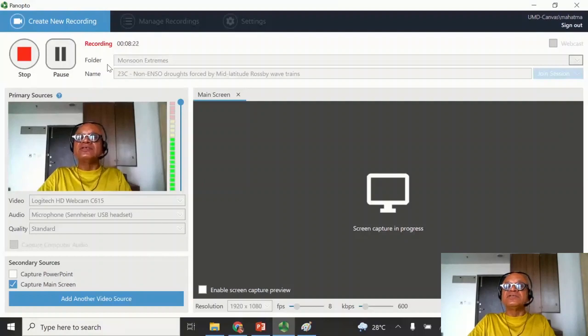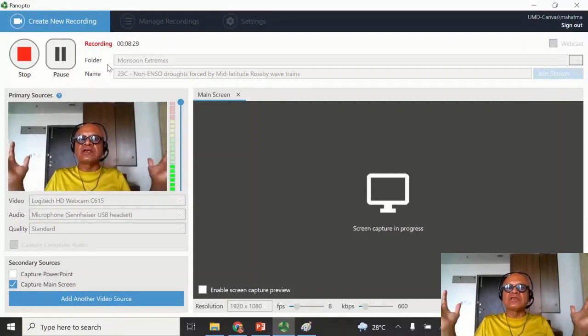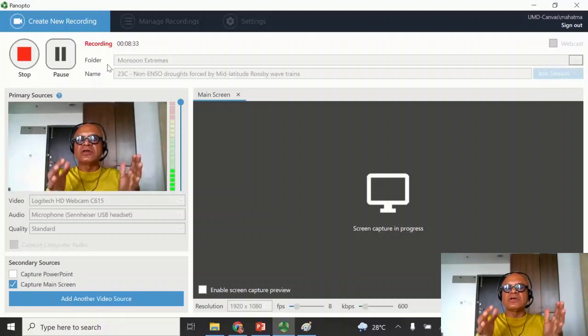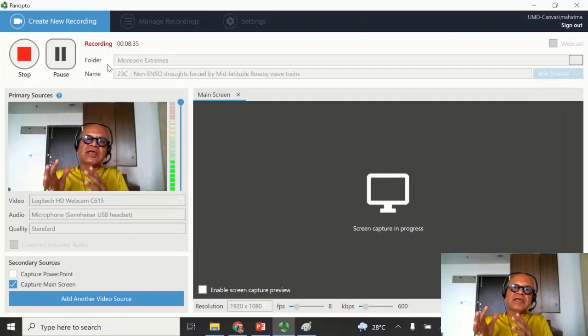And this is good because El Nino droughts can only explain 50% of the 23 or so droughts that have occurred during the last century. And this seems to take the composite and give an explanation, a causal link to mid-latitude Rossby waves.